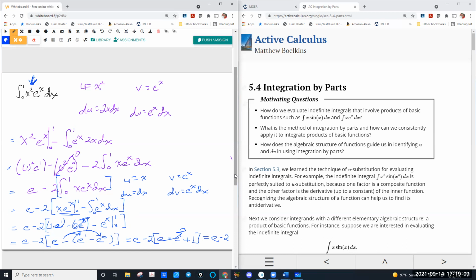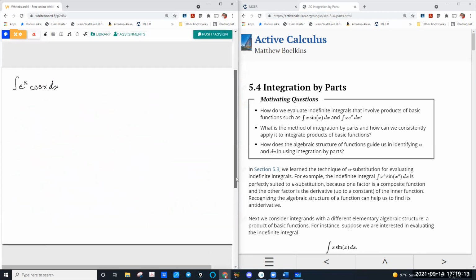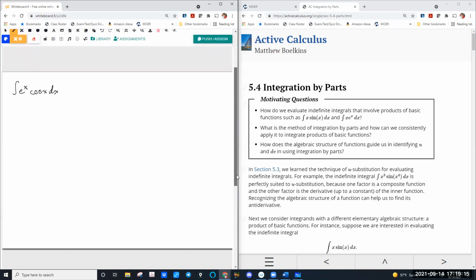All right. Next one. This one's kind of a cool one, and I want you to see it. You'll get one like this in the homework because there's something interesting that goes on with this one. Now, in the last two, we had a polynomial times a transcendental. This case, we have 2 transcendentals.